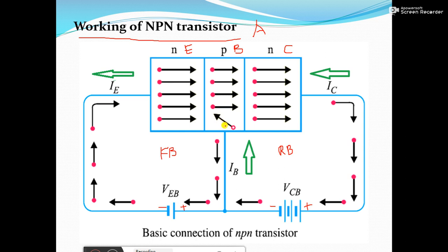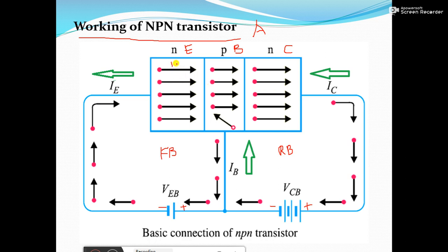That constitutes the base current IB. The rest of the emitted electrons, meaning 95% of the emitted electrons, cross the base and are collected at the collector terminal. So they are collected here at the collector terminal, remember.